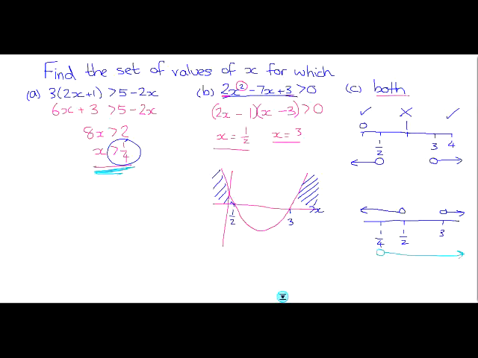So in this section here, I can write that my answer can be less than a half, but more than a quarter. And it's also, because it says both, more than 3. You're looking for where the overlaps are. So I could have drawn my highlighter here as well.